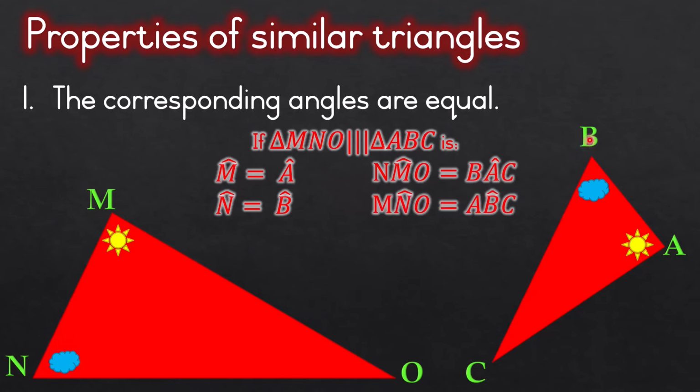And B is between A and C, so ABC, or CBA. The next one is going to be O and C. Angle O is equal to angle C as given to you in that information there. We can also write it as angle MON is equal to angle ACB. The middle one always refers to the one that you are working with.